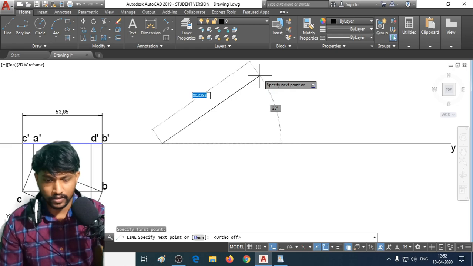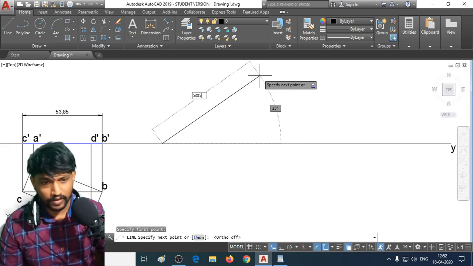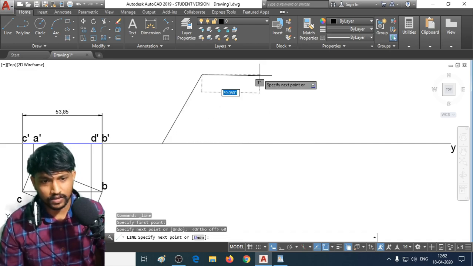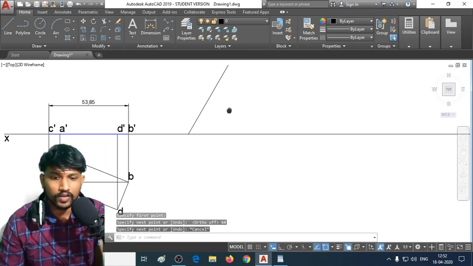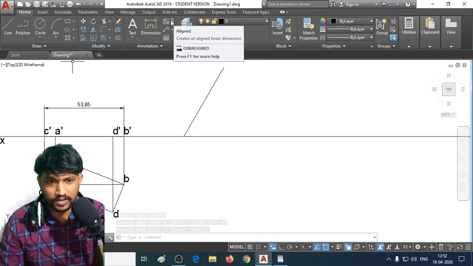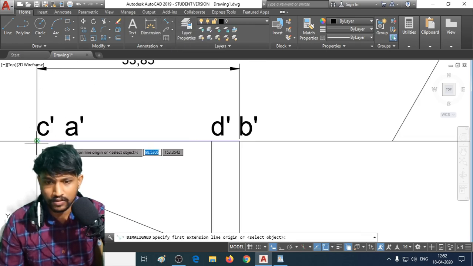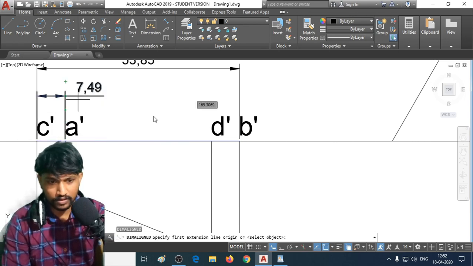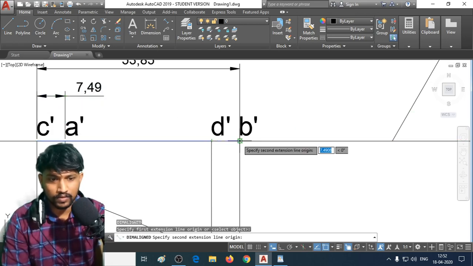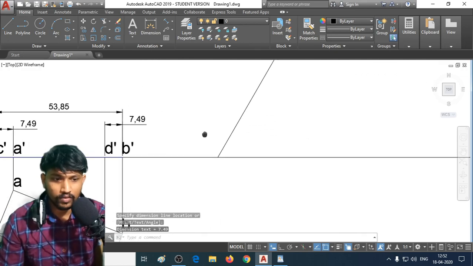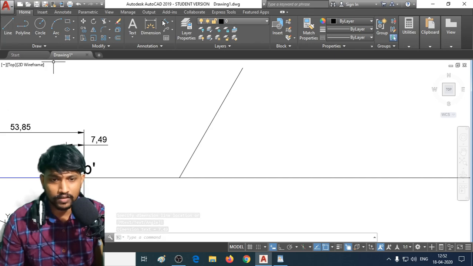So 53.85 at an inclination of 60. Okay, so let me place the markings as well. Obviously both of them have to be equal, so 7.49 and 7.49.